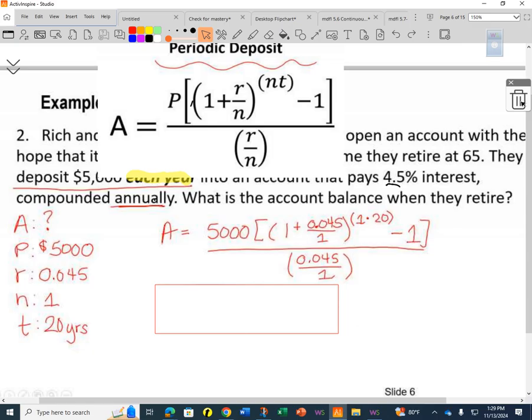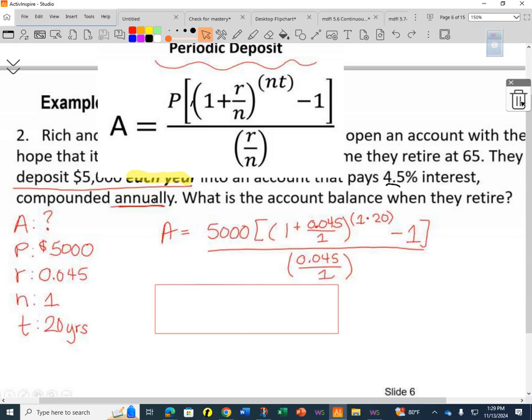Here, this is going to be raised to that, and we're subtracting one. We start here, this is subtracting one, this part is in parentheses, so that is equal.